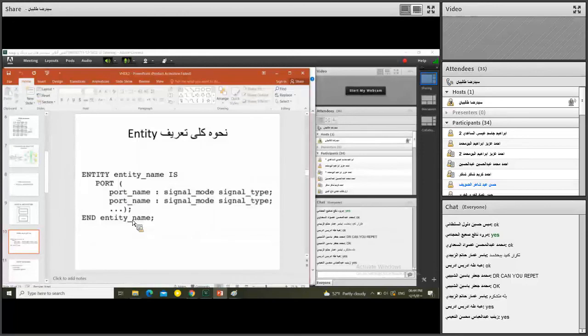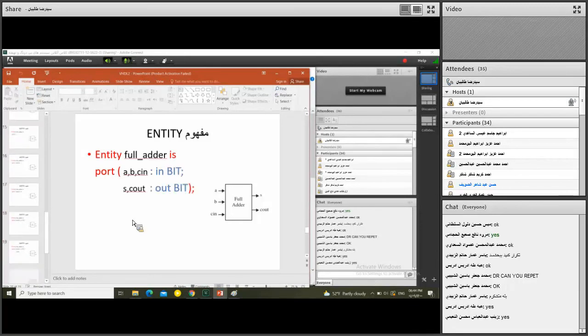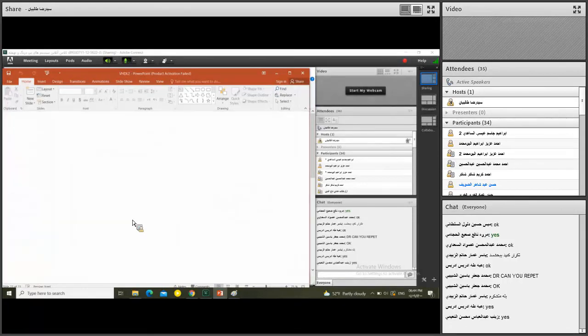A special example: entity full adder is port A, B, C in, input, bit, S and C out, output, bit, and end full adder. And another examples. Okay. And we can go to another slide.